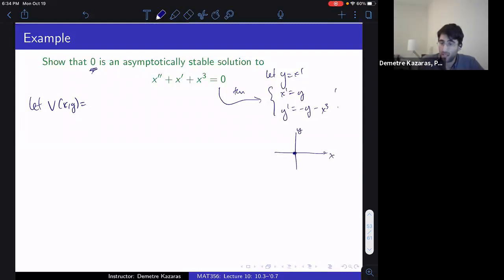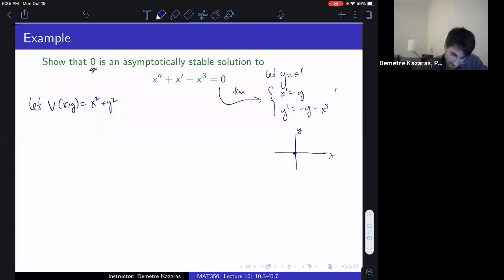We want to do the above method to hopefully show that the origin is asymptotically stable. So let's let v be the typical thing, x squared plus y squared, a typical parabola. Sometimes you might want to consider something like x to the 4th plus y squared. It just depends on the equation. I think this will do the trick for us.